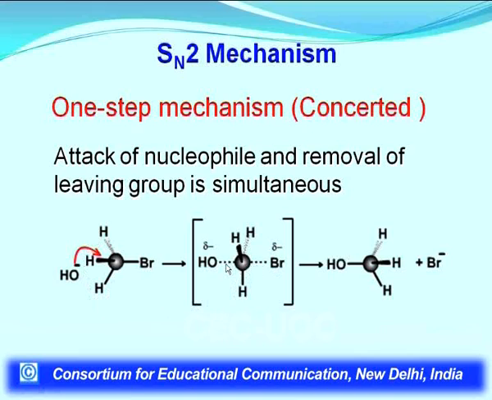Although these 2 groups are not attached by a full sigma bond, they are partially attached, but 5 groups are attached, and it has a tendency to lose one of the groups, so that it acquires again a tetrahedral structure. Now, when the halide ion leaves, these 3 groups which had come in the plane now take a turn onto this side. We will talk about it while discussing the stereochemistry of this reaction.